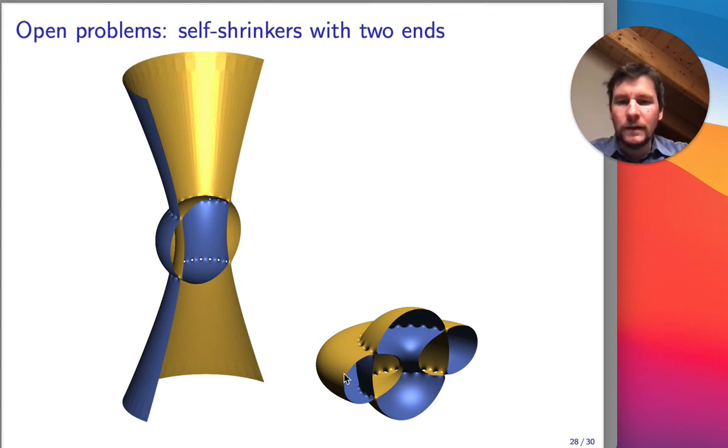So this is the genus 48 Angenent torus intersected with a sphere, and this is genus 47, cylinder intersected with a sphere.